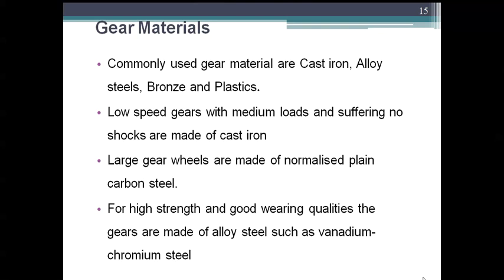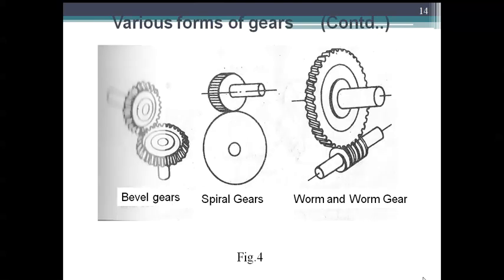And next one is according to the type of gearing. According to the type of gearing, we have two different types: one is external gearing and another one is internal gearing. In external gearing, the motion of two wheels is always unlike.